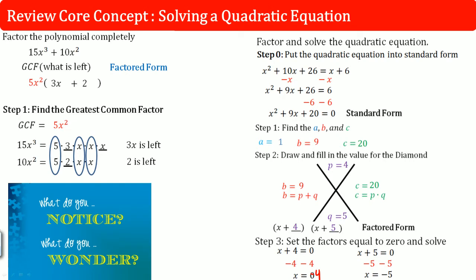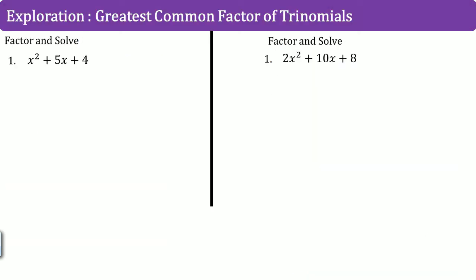Now, there's something that you should notice and something that you should wonder that come from these. Notice that all these methods have something particular about that polynomial. Let's take a look. So, number 1, on the left-hand side, it's x squared plus 5x plus 4.